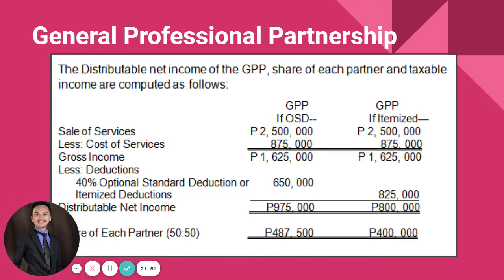Meaning, if what the partnership uses in claiming its allowable deduction is OSD, then any unliquidated expenses incurred by the partners can no longer be claimed on their income tax return, because when we talk about optional standard deduction, OSD is already in lieu of all itemized deductions. So again, the partner can only deduct on their income tax return all the unliquidated operating expenses of the partnership when the partnership uses itemized deductions. Okay?